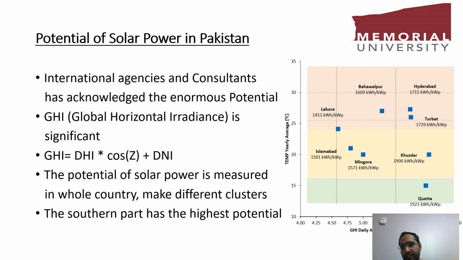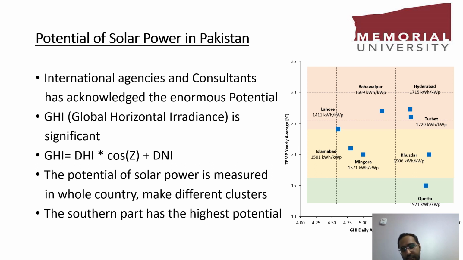On the right hand side, you can see a graph between GHI, which is global horizontal irradiance, and the yearly average temperature. Before discussing the actual results of the graph, let's discuss what GHI is. GHI is a measure of the total radiation received by the ground, and it is a summation of two components.